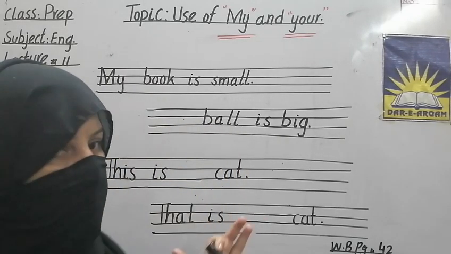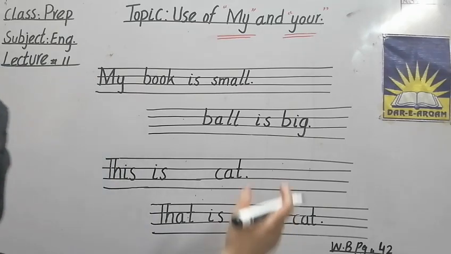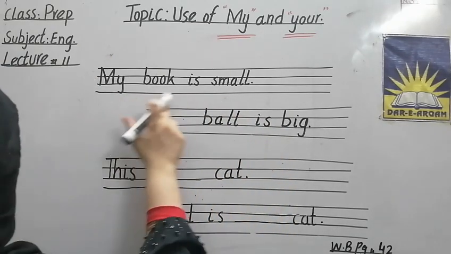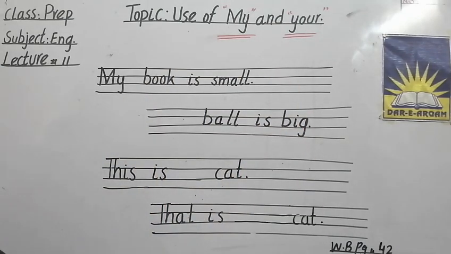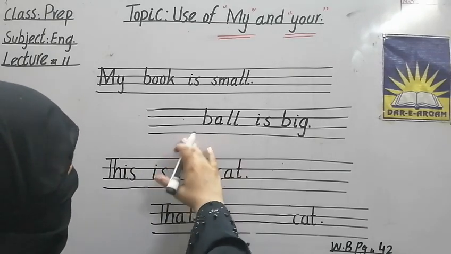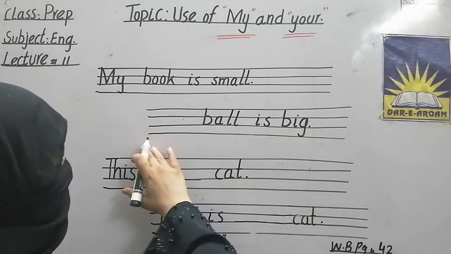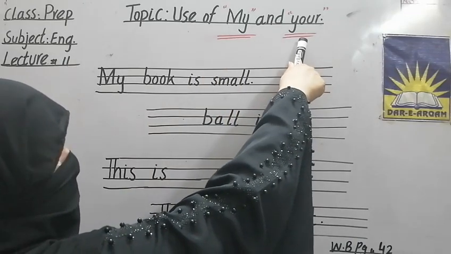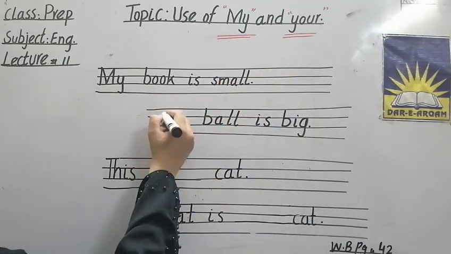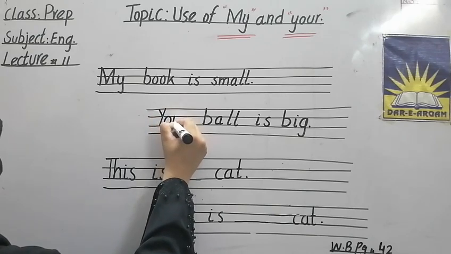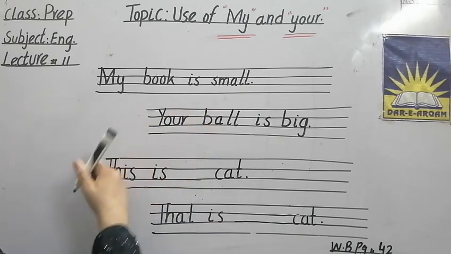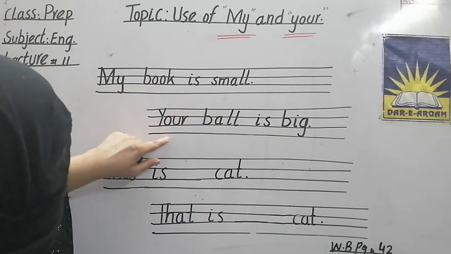We already read it in the book, so that's why we fill the blanks by using my and your. My book is small. Your dash ball is big. And second option, we write here your. My book is small. Your ball is big.